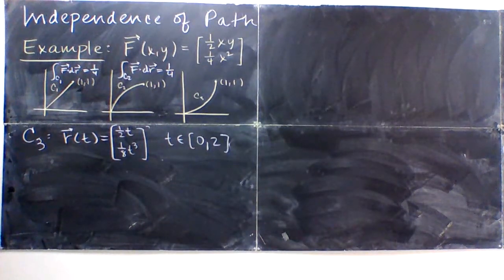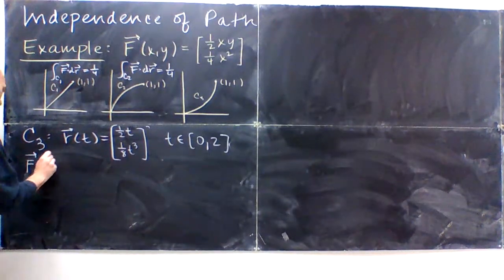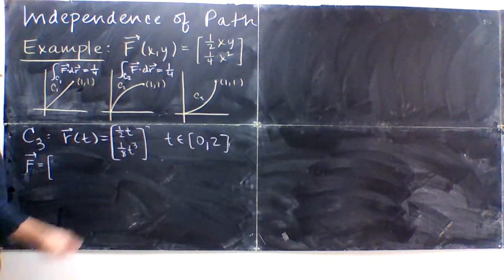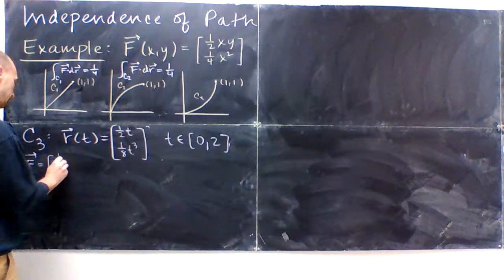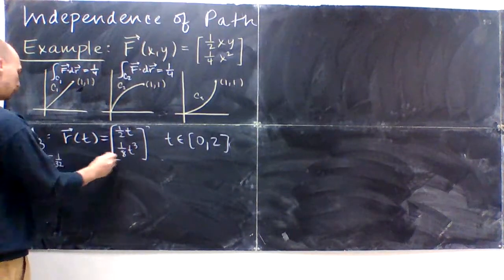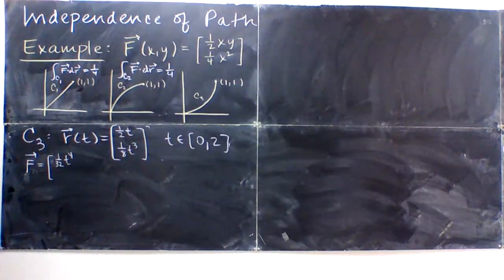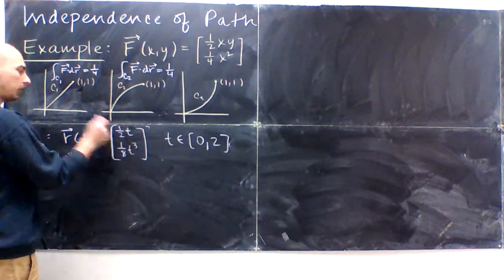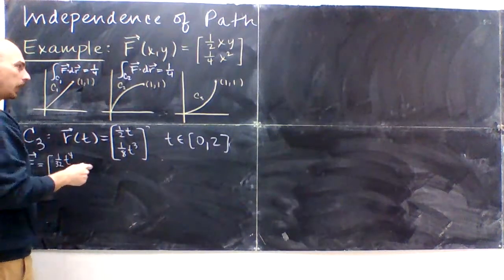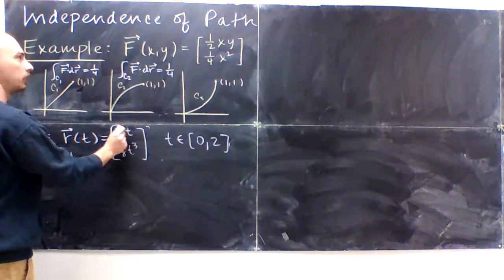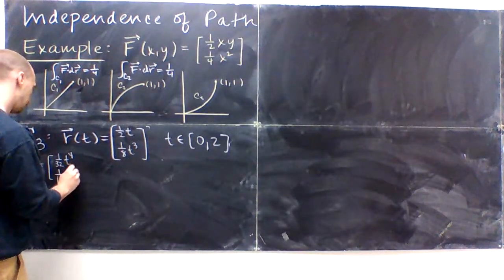Now, F, when I pass through to t, is now looking like 1/2 xy, so 1/2 times 1/2 times 1/8 is a 32nd of x times y is going to be t to the 4th. Okay, and then 1/4 of x squared is going to be a 4th times 1/2. Wait, that's tricky. x squared is going to be 1/4 t squared, and then divide by 4 again, and I'll get 1/16 of t to the 4.